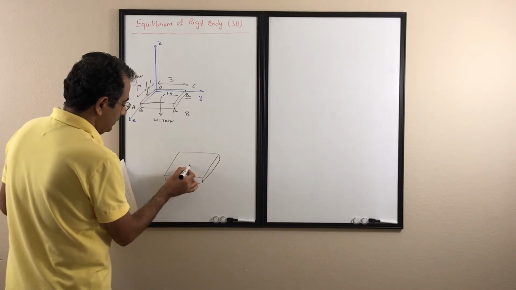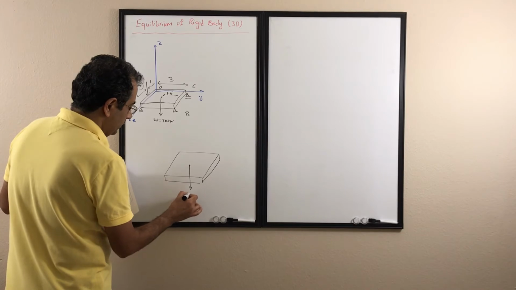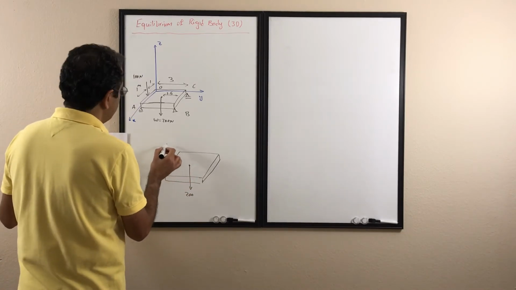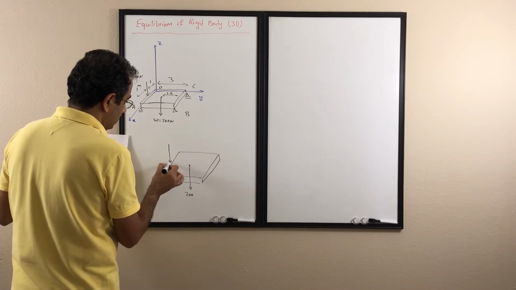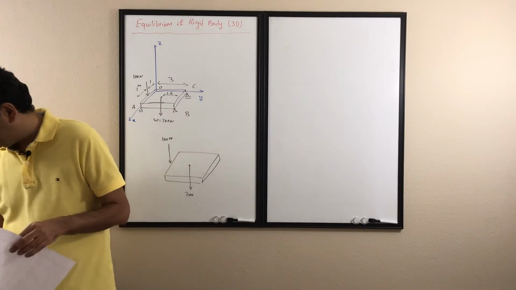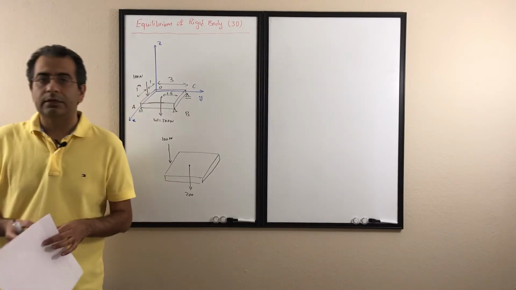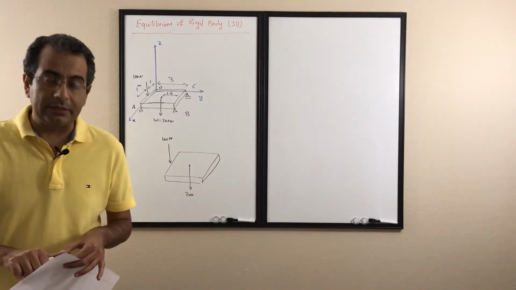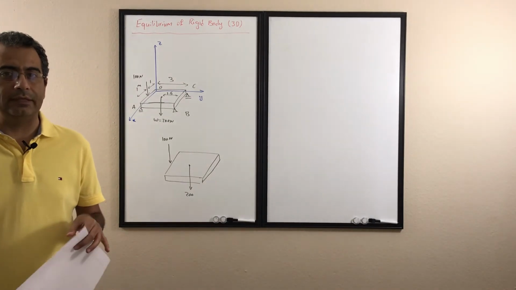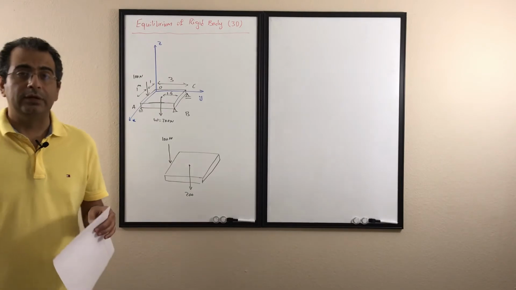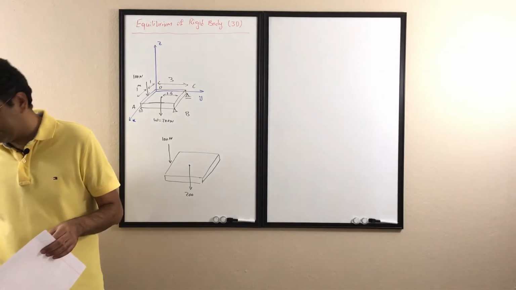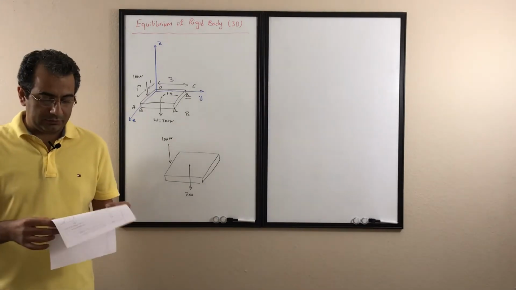I have the weight, which is 200 Newton, and then I have 100 Newton applying on this edge, and then I have the reactions. Remember, when you put the reactions in 3D, try to put them in the direction of the axis. It helps you. If after your calculation it comes out negative, then you know that your support is in the opposite direction of your axis.